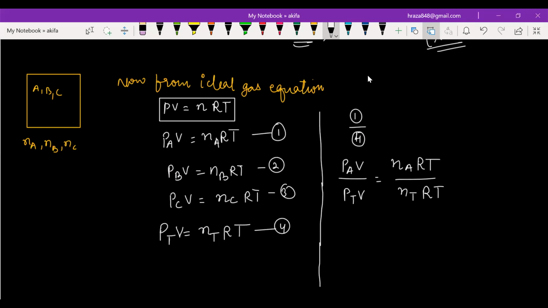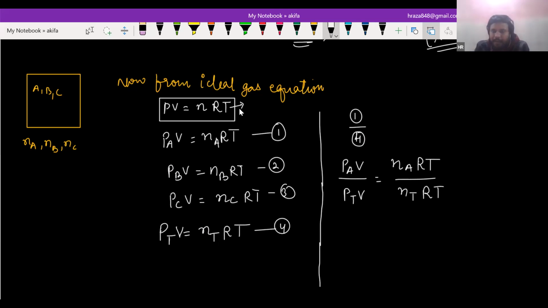What is T? T is temperature. Temperature is constant for Dalton's law of partial pressure. So now you will see temperature and temperature will be cancelled, R and R will be cancelled, V and V will be cancelled.